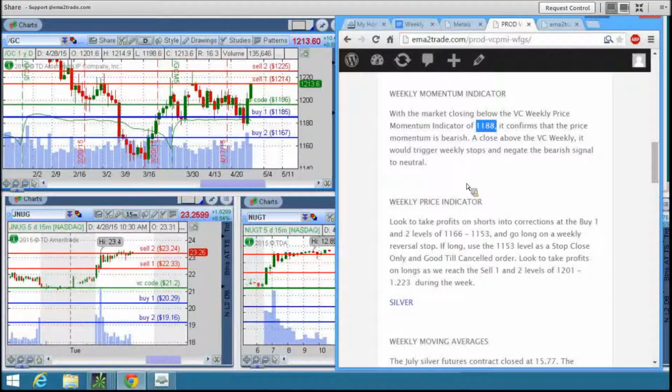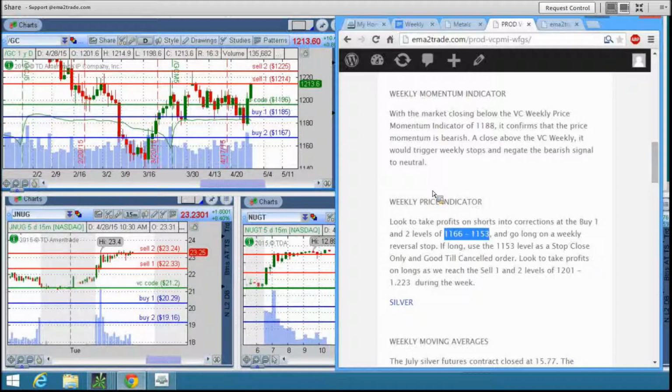And of course, yesterday's low was 1177.60, not quite the low that was expected of 1166, but it came in very close to the previous weekly low, which was 1174, anticipated by the previous weekly report.